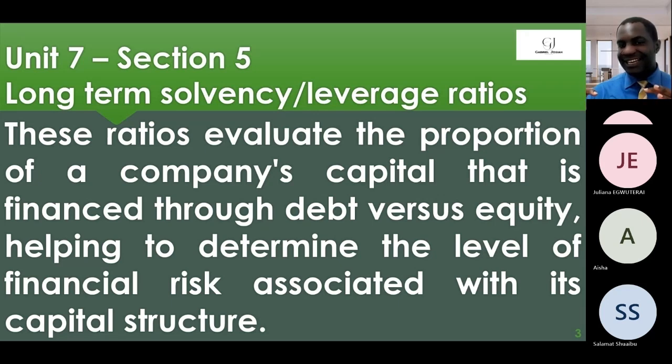The financial risk is high. Where you have 80%, 60%, 70% of your capital structure as debt, that is high. But where you have 50-50, or 40-60 in favor of shareholders or equity, it is safer. The financial risk is lower. So long-term solvency ratios help us look at the financial risk associated with a company's capital structure.